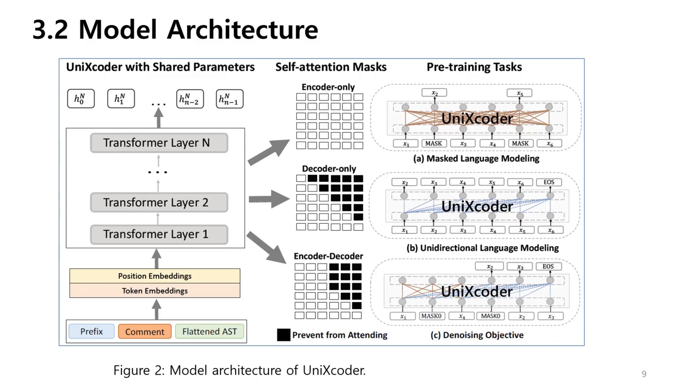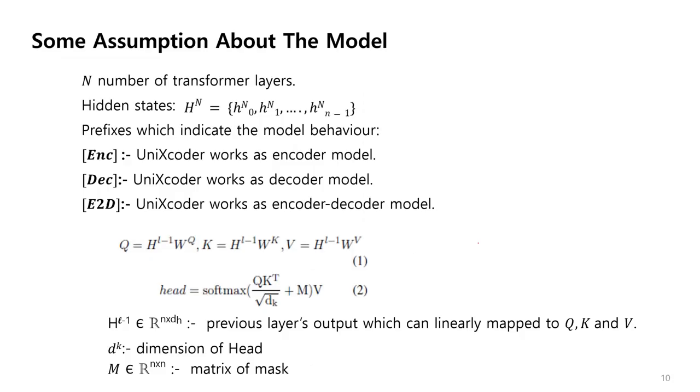But UniXcoder also has two additional pre-training tasks. One is leveraging contrastive learning. The second one is cross-modal generation. We'll see them on the further slides. If you have any question to this point, you can ask me.